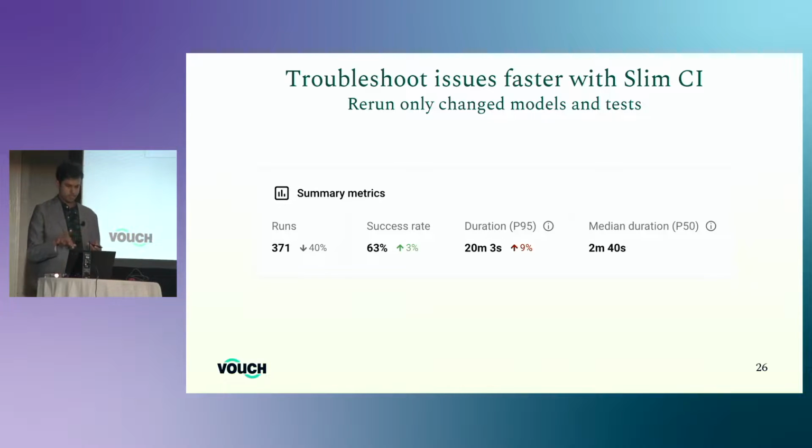I think the most important things are the last two numbers. P95 is 20 minutes, which is fine because sometimes you change a very fundamental table that affects everything. But the median duration is more important here. On average, your change will take 2 minutes and 40 seconds to run through CI, which at the scale I think is pretty cool.